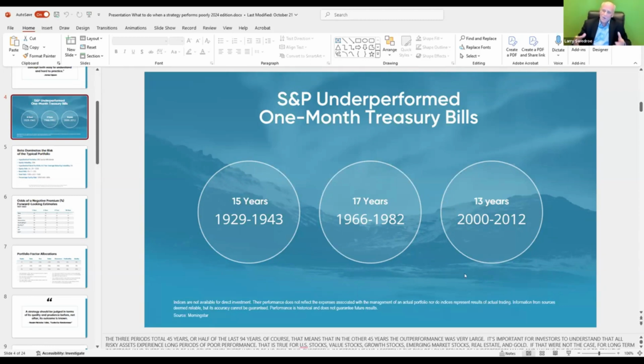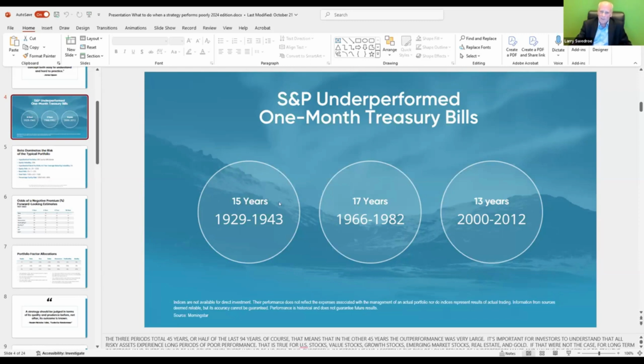And today we are at virtually record highs, where small value is trading at the cheapest it's ever been relative to the S&P 500, just as international stocks are trading at basically record lows relative to the S&P 500 as well.